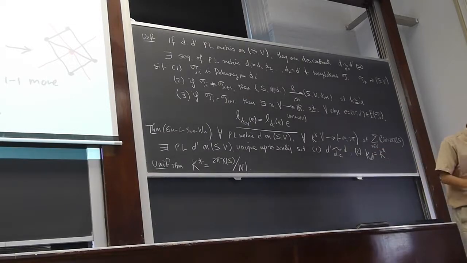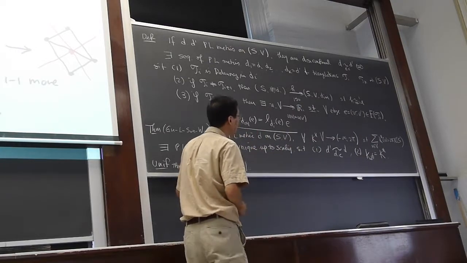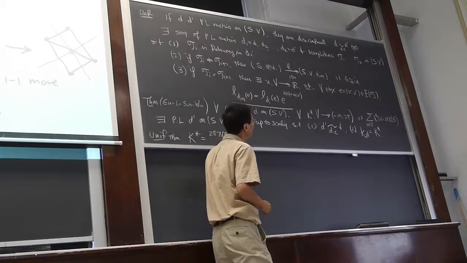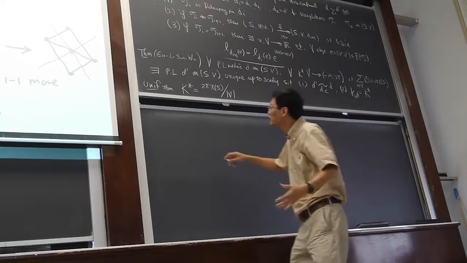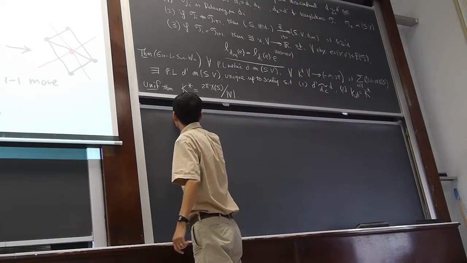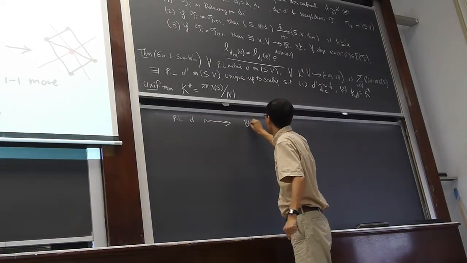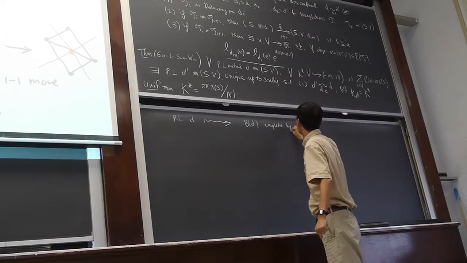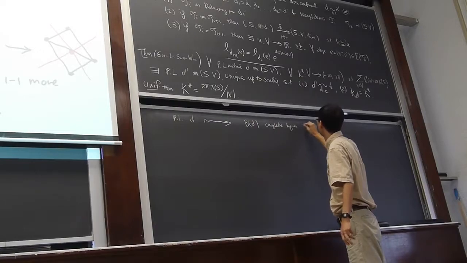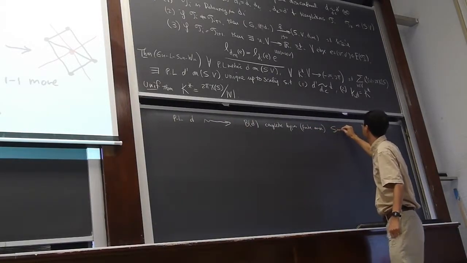Okay. So I should say a few words about it, and I'll tell you roughly the idea of the proof. The basic idea is that whenever I give you a PL metric D, you can associate to it a complete, finite area hyperbolic metric on the punctured surface.